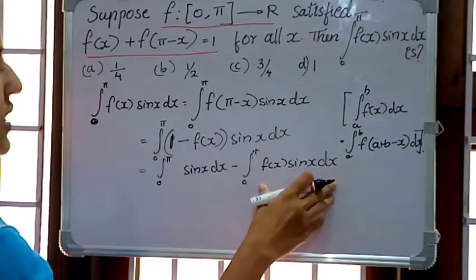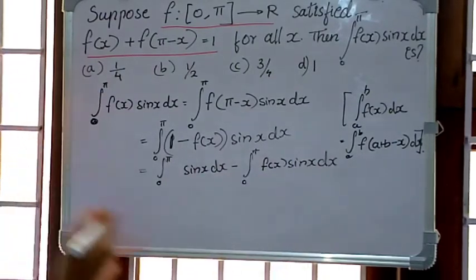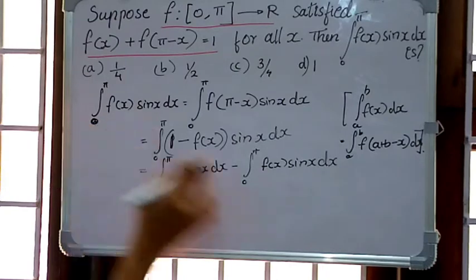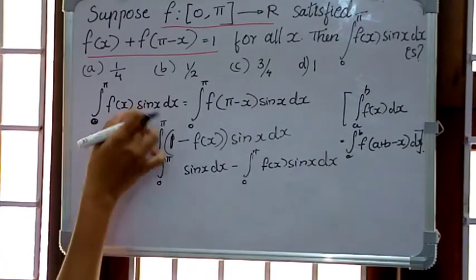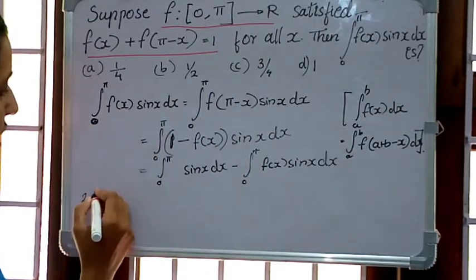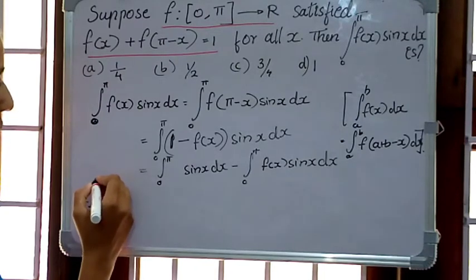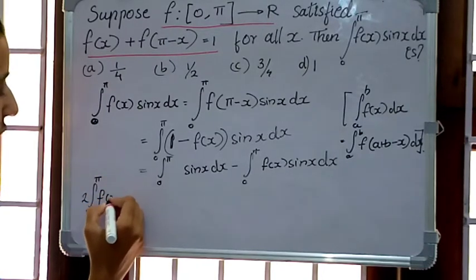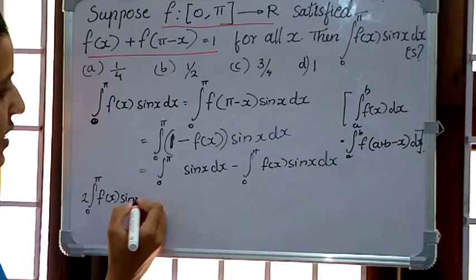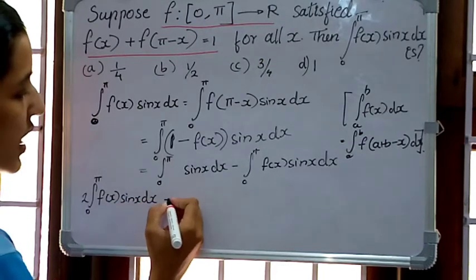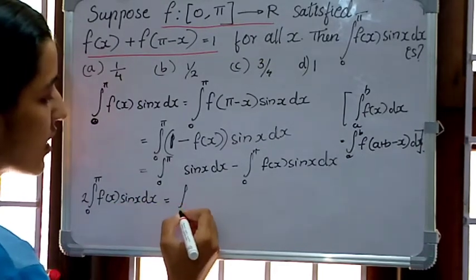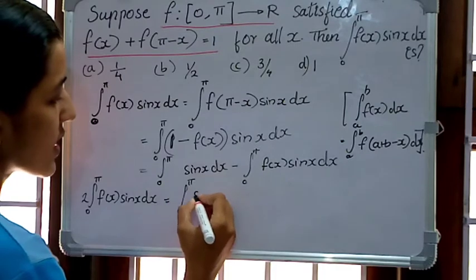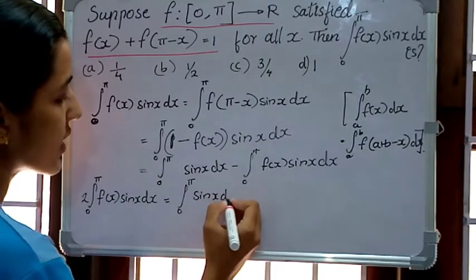Now let's take this term to the left side. Thus on adding this term with this term, we get 2 integral 0 to pi f of x sin x dx, which is equal to integral 0 to pi sin x dx.